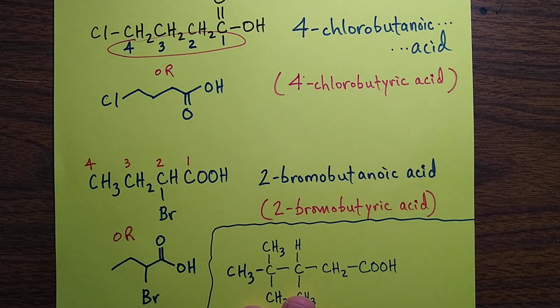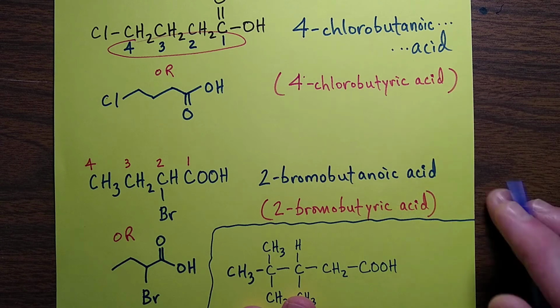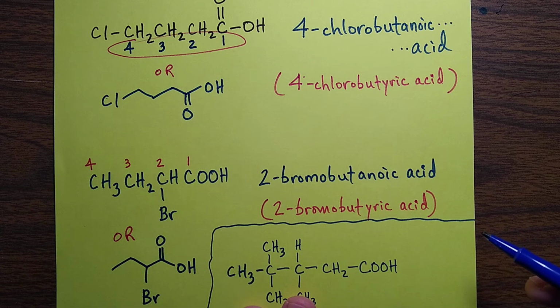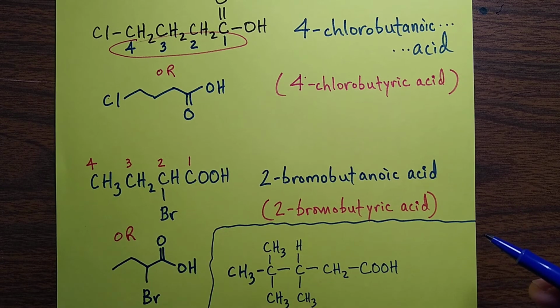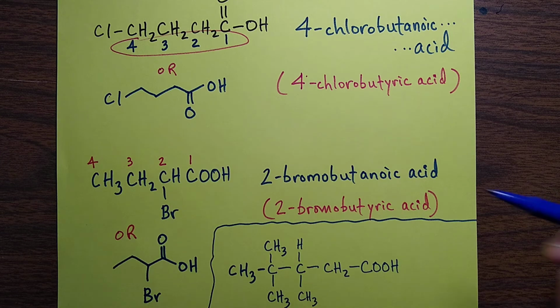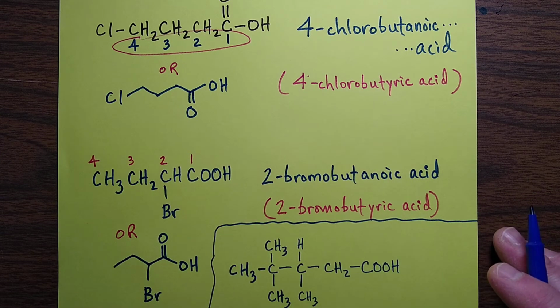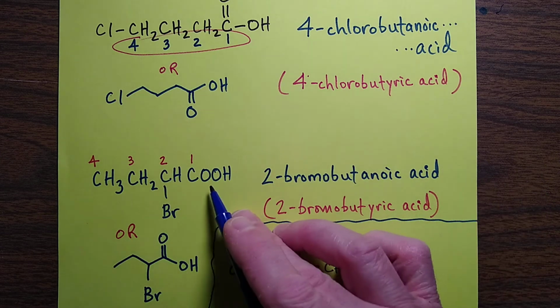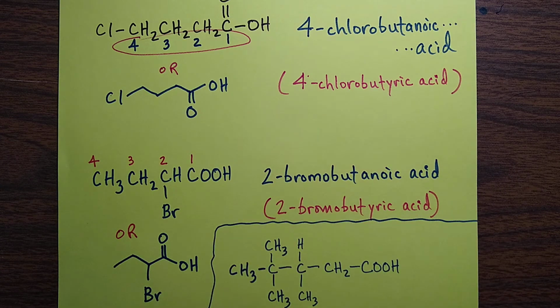I don't know why I just picked 4 carbons, but there's many examples that are longer chains. But if you've memorized the hydrocarbon names, you should have little issue with applying these rules to naming anything that has a longer series of carbons containing the carboxyl functional group.